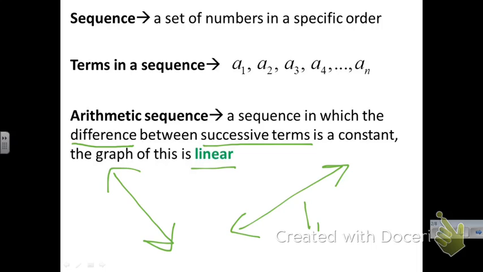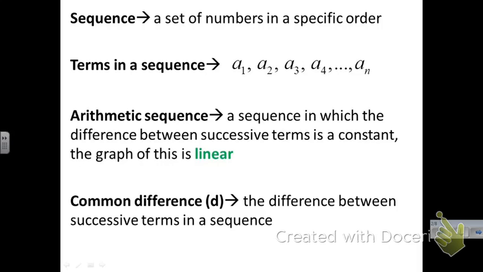So if I have the terms 1, 2, 3, 4, I could say 3 and 4 are successive. I could say 2 and 3 are successive. Or I could say 1 and 2 are successive. So the common difference is the difference between successive terms in a sequence.